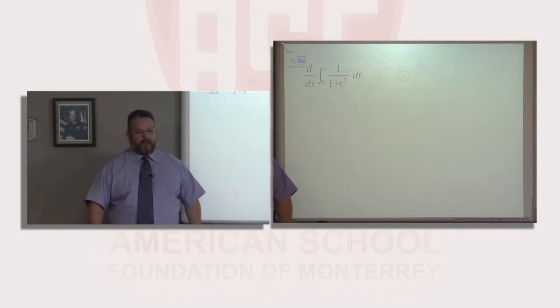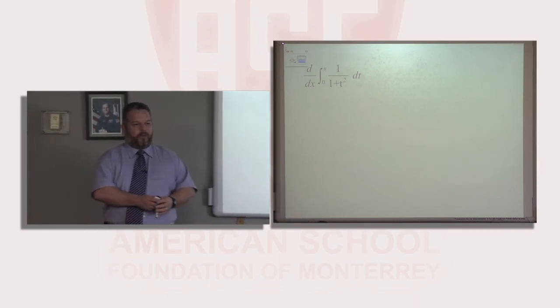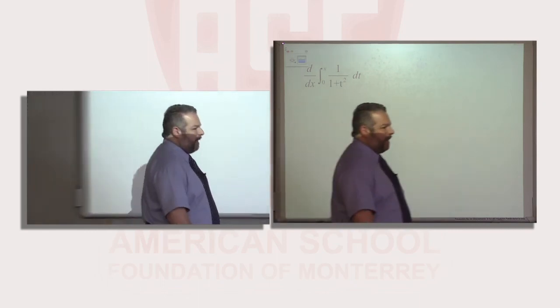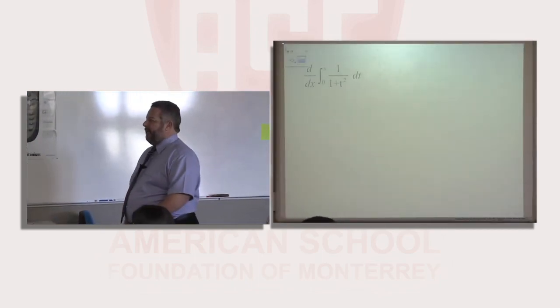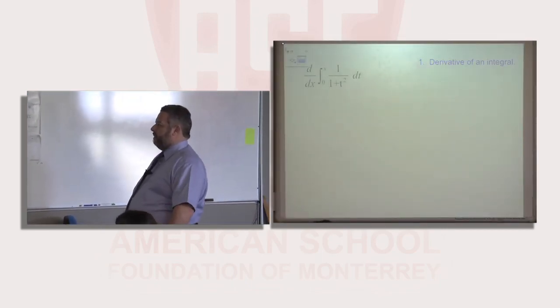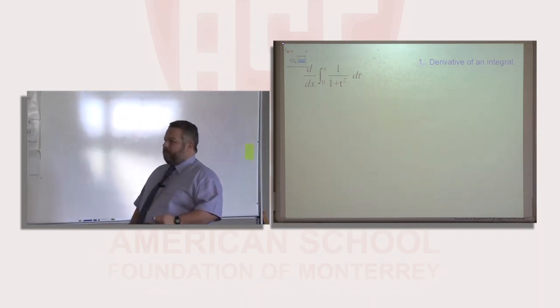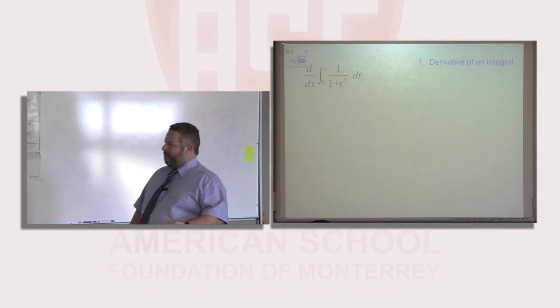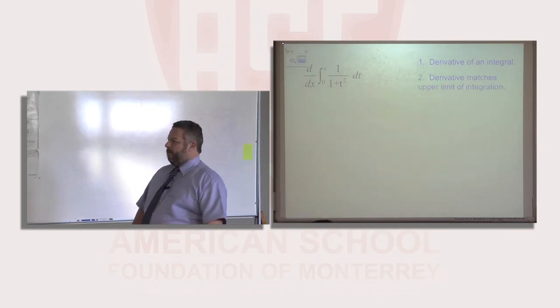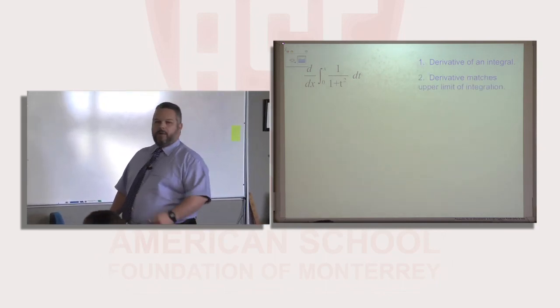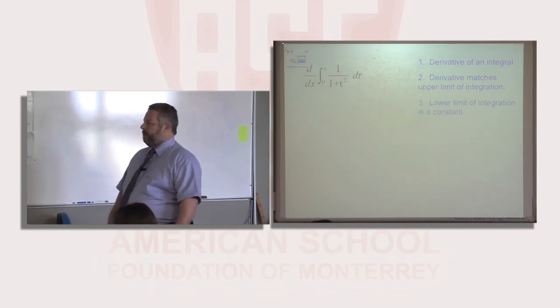But let's do it the other way. Let's do it using the fundamental theorem. Let's find out, first of all, am I allowed to use the fundamental theorem? It's got to meet the 3 criterion. Is it the derivative of an integral? Yes. Is it being differentiated with respect to the same variable as the upper limit of integration? Yes. Is the lower limit of integration a constant? Yes.